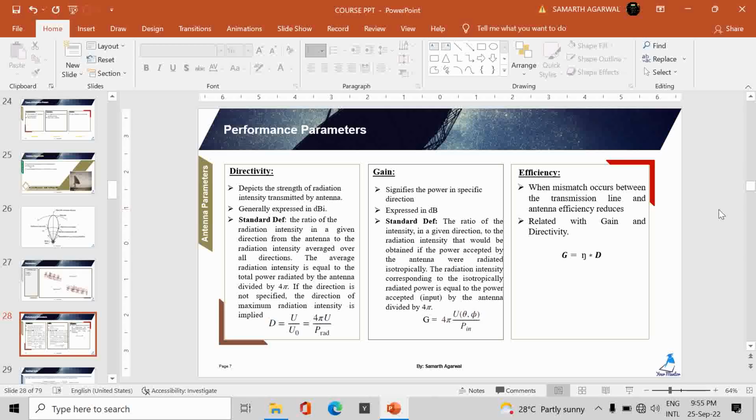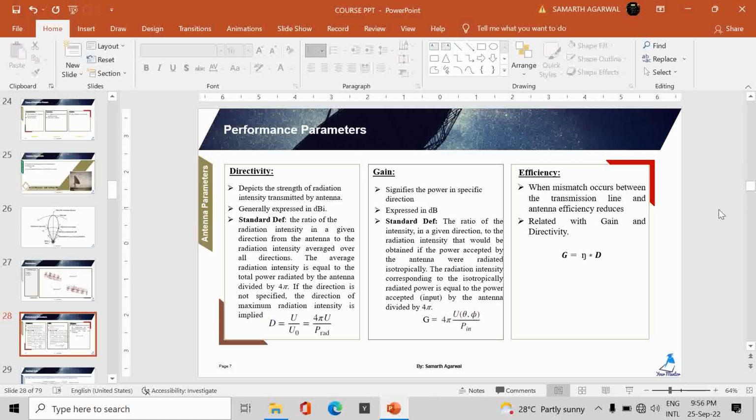The standard definition I have also mentioned for both directivity and gain. As you can see, directivity is the ratio of the radiation intensity in a given direction from the antenna to the radiation intensity averaged over all directions. The energy it emits in a specific direction means the rest of the energy is produced in the other directions.